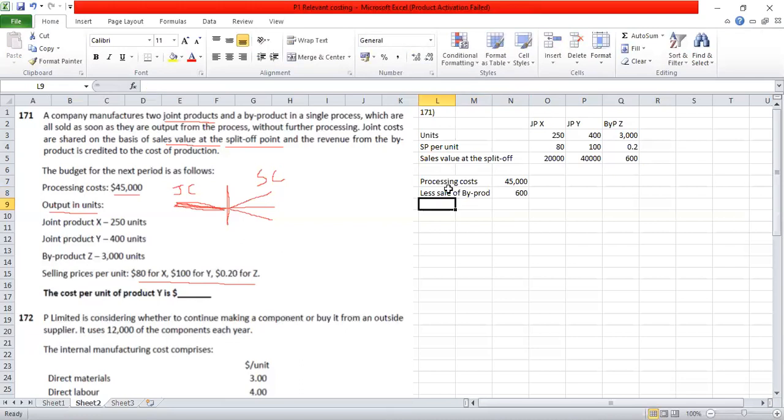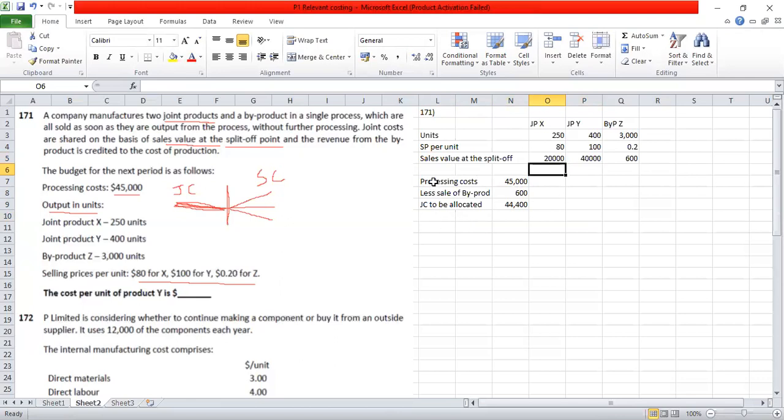So joint cost to be allocated is equal to 45,000 minus 600. The ratio is already, this is the sale value 20,000 and 40,000. So the ratio will be 1:2.